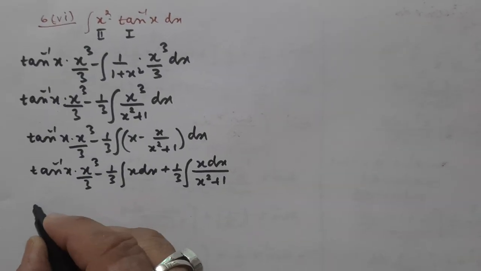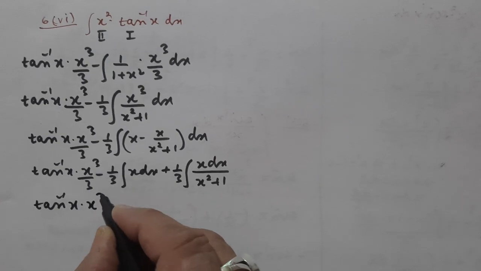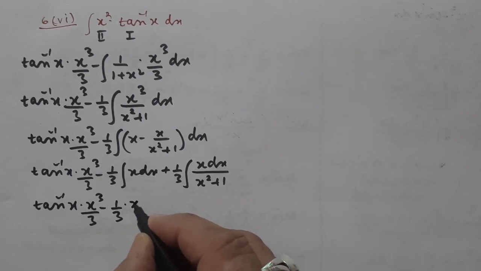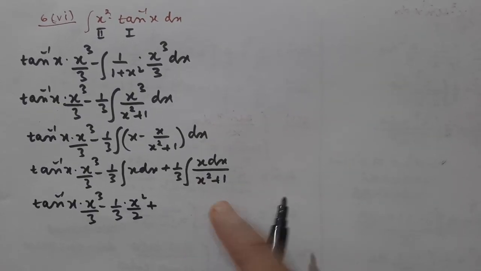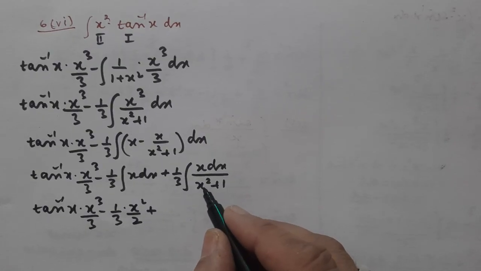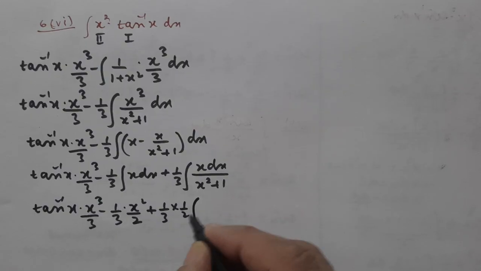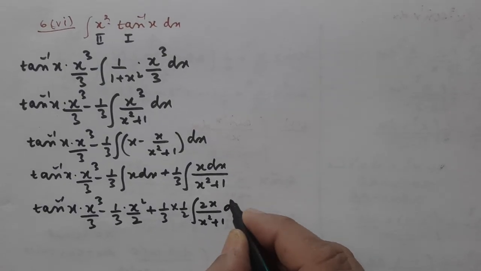So on solving it further, tangent inverse x into x cube upon 3 minus 1 upon 3 into x square upon 2. Now to integrate this factor, here we have x square plus 1 and its derivative is 2x. So what we do, multiply and divide by 2x. We have used this step many times.